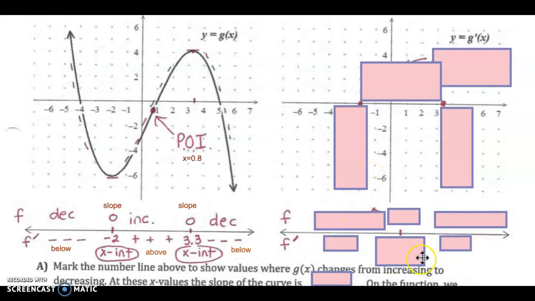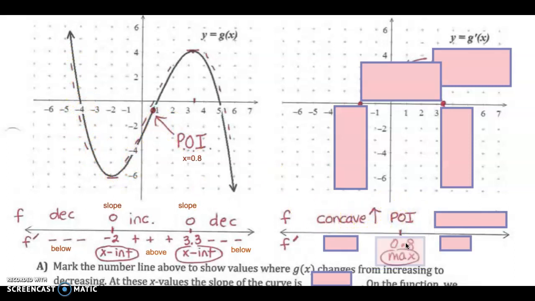All right, so let's look at the next number line here. This one we're going to look at concavity. So we've looked at increasing and decreasing and what it does to the derivative. Now we're going to look at concavity and what it does. So this function starts out as concave up until our point of inflection, which is 0.8. And then it turns to concave down.